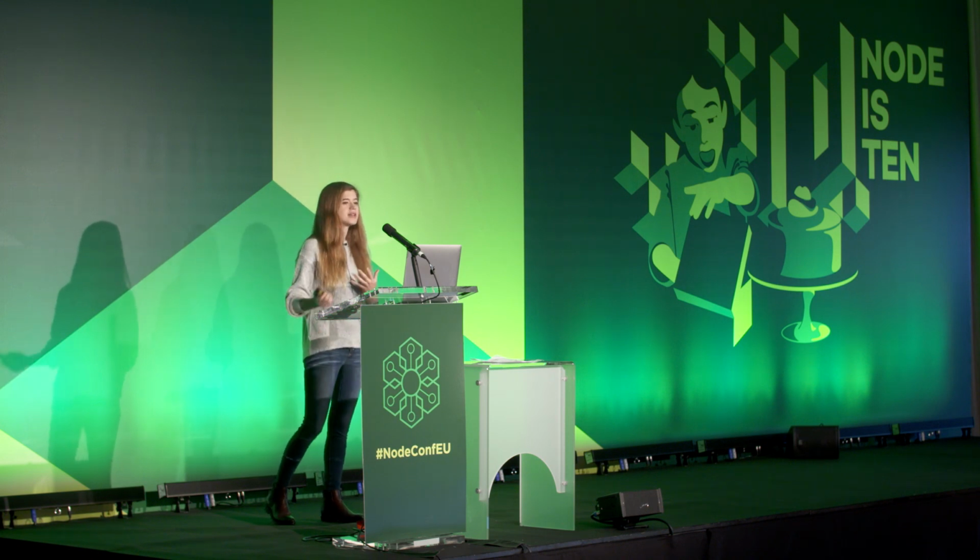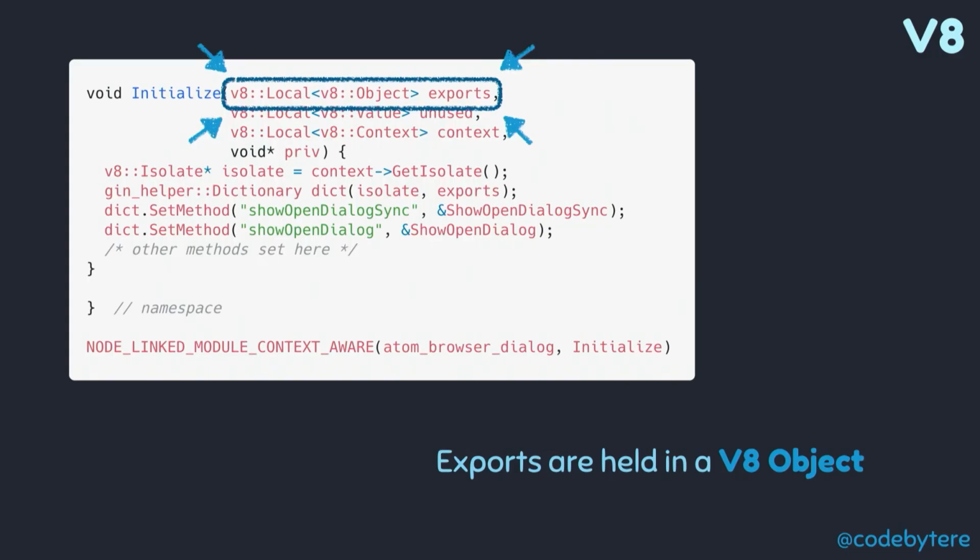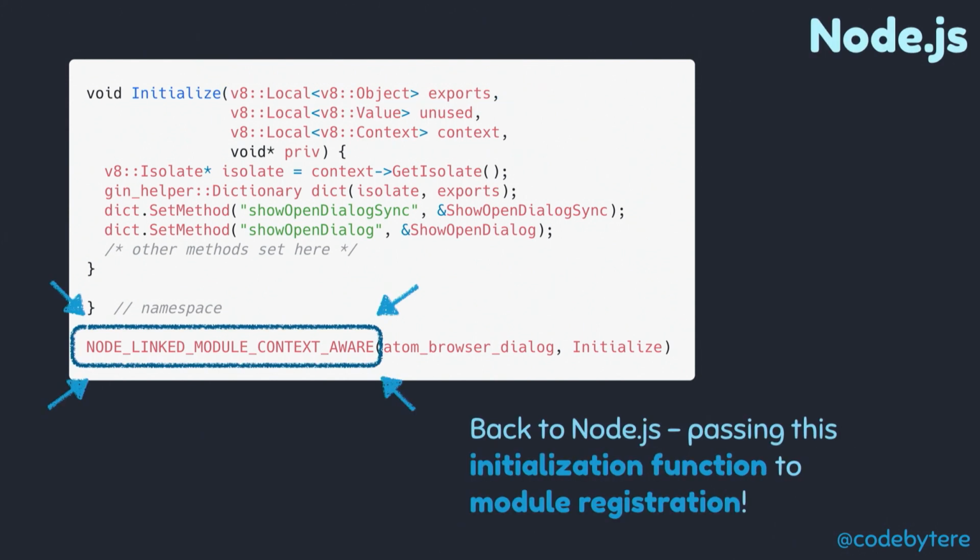This parameter is a V8 object, or the equivalent of a JavaScript object. This is where we'll be placing the functions that we've defined natively. We briefly need Node again here, as this initialization function is passed to some of Node's native registration components, where it's registered as a module. This does not, however, answer the question of where the function names and functions themselves get set.